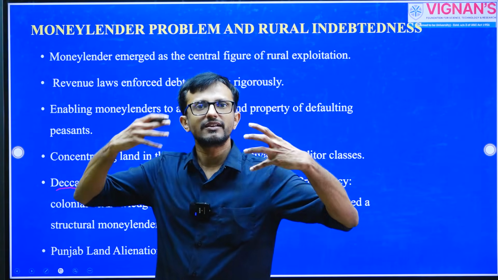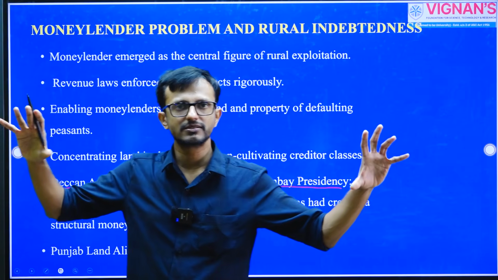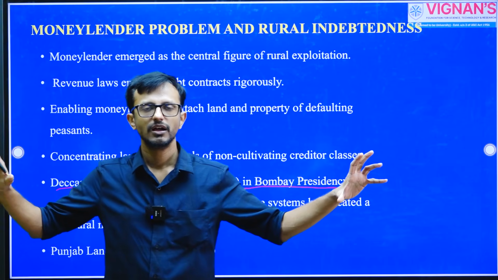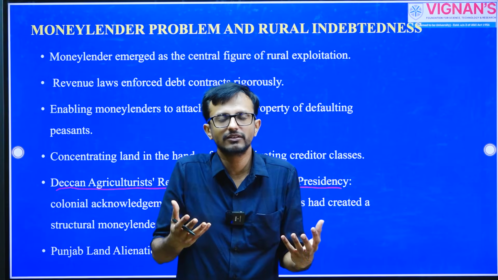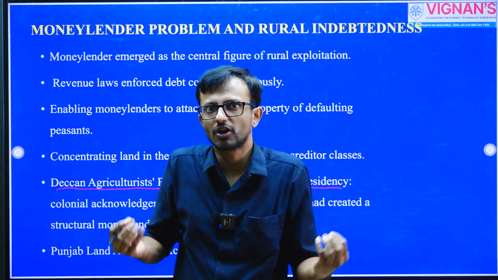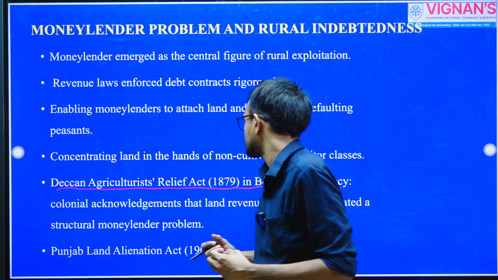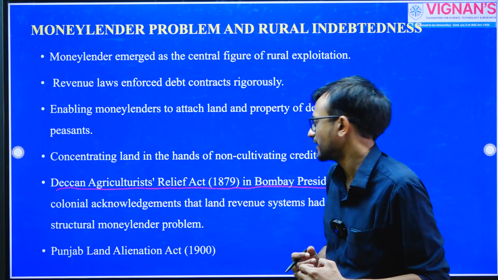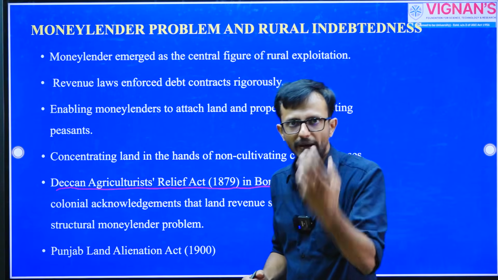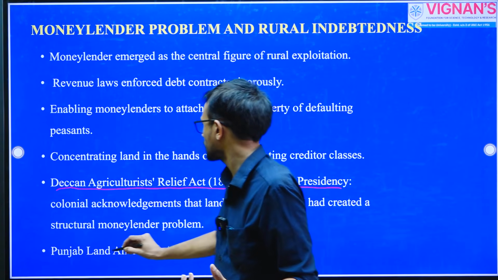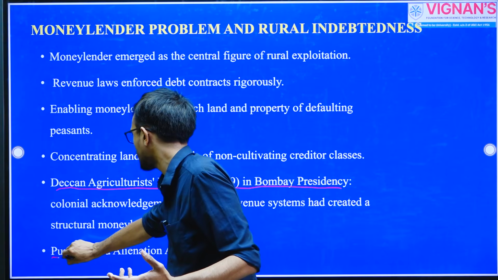So when the peasants are resisting, attacking the moneylenders, burning the deed contracts, the colonial state is passing an act for the so-called welfare of the peasants. It's called the Deccan Agriculturist Relief Act 1879, to solve this problem. Even in Punjab, they are implementing something called the Punjab Land Alienation Act.